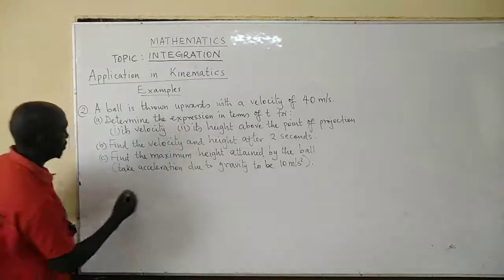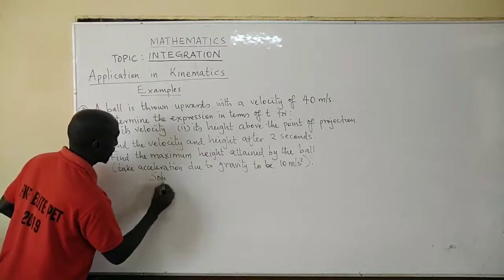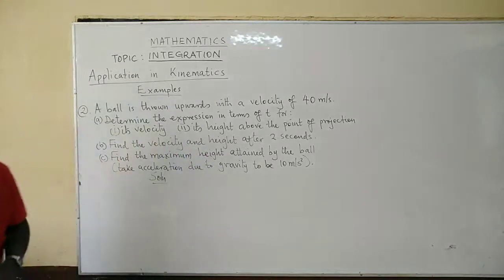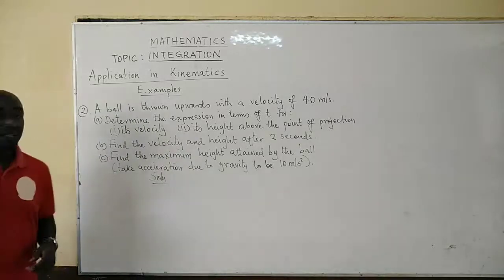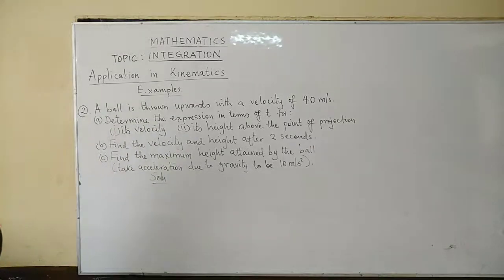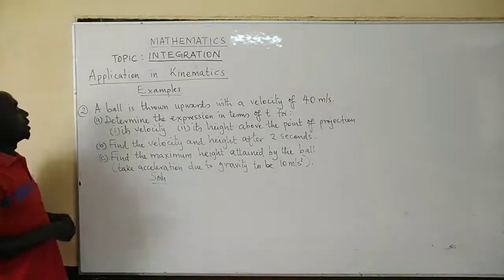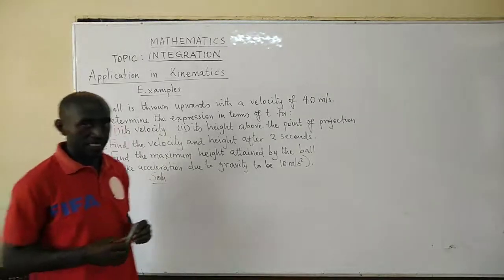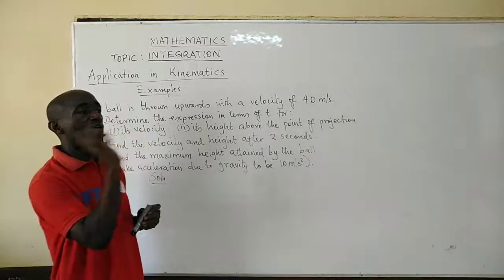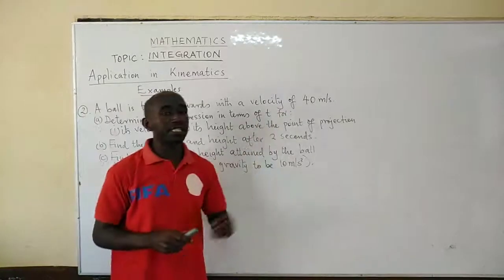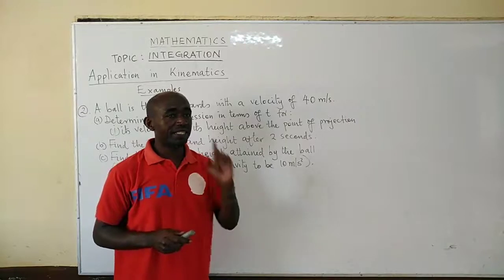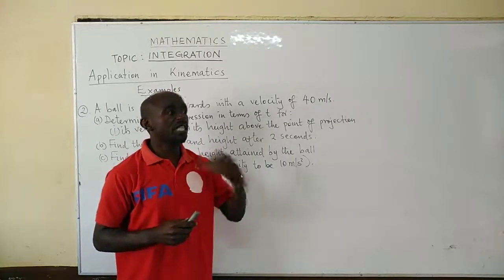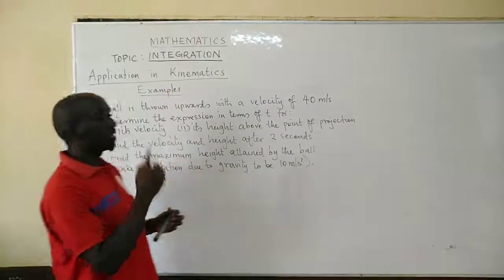So that is the question, my dear learner. Let's look at that question. We are told that a ball is thrown upwards with a velocity of 40 meters per second. That is the starting velocity, or we call it the initial velocity, of 40 meters per second.